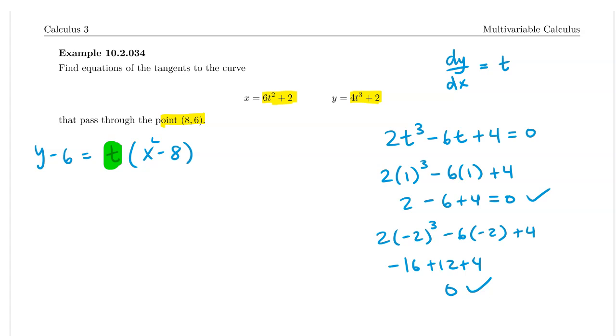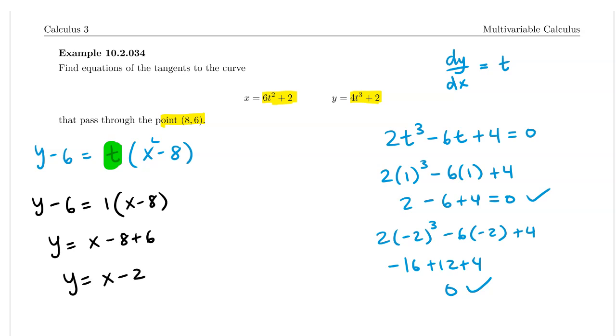So let's go ahead and do that. So for one of the tangent lines, we get y minus 6 is equal to 1 times x minus 8. If I wanted to put that in slope-intercept form, I'd have x minus 8 plus 6, and that's going to be y equals x minus 2. So there's one of our solutions.